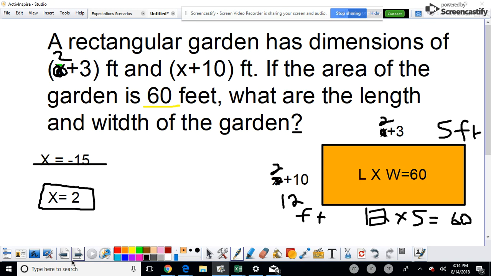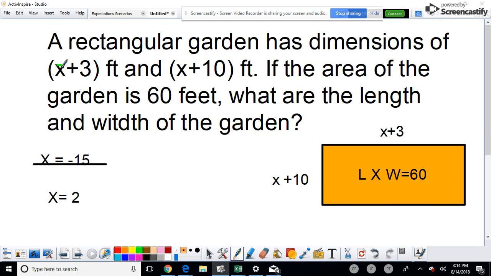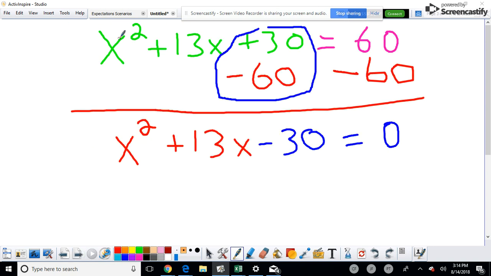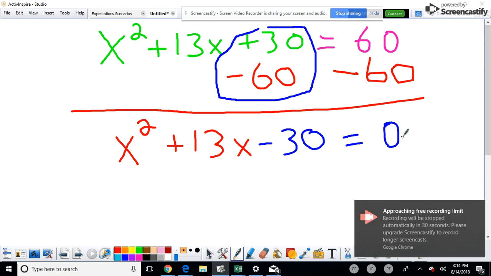So I can just go back over this really quickly. So first thing we did, we took the dimensions, x plus 3 and x plus 10. We multiplied them like this. We got this expression right here. We know that the area is supposed to be 60 because it told us that. So we set up this problem: x squared plus 13x plus 30 equals 60. We don't want it to equal 60 because we can't solve.